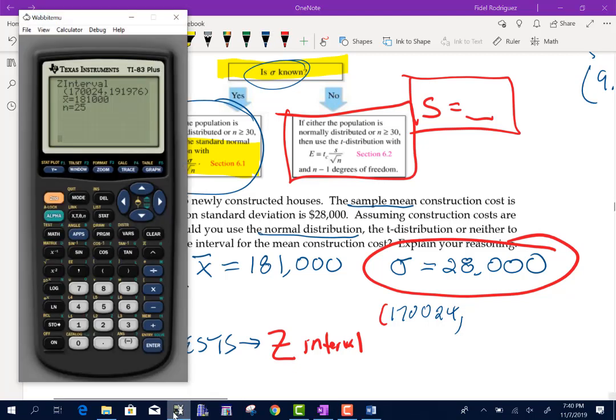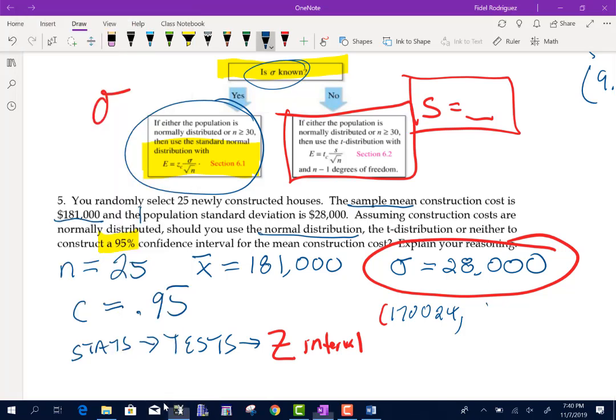What was the bigger number? 191,976. Boom. So all we're saying is that our population mean is going to be somewhere in that interval there. These houses are going to be anywhere between 170,024 to 191,976. So far, so good? That's the answer.